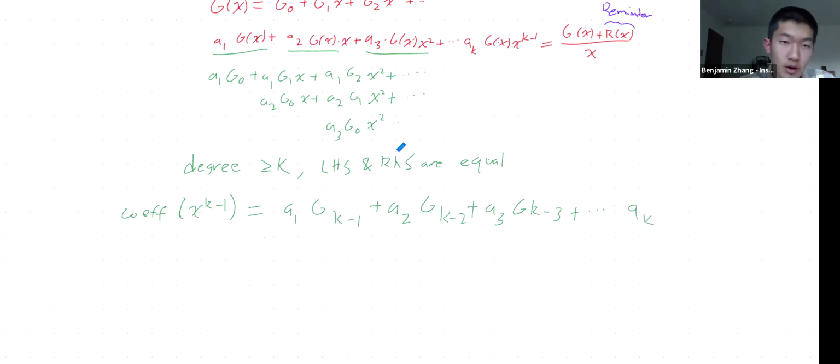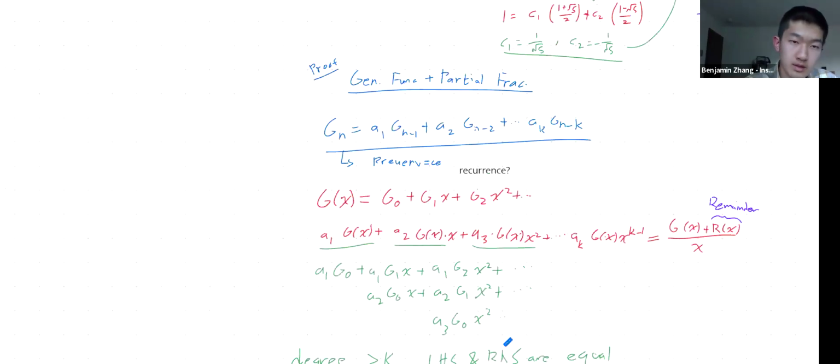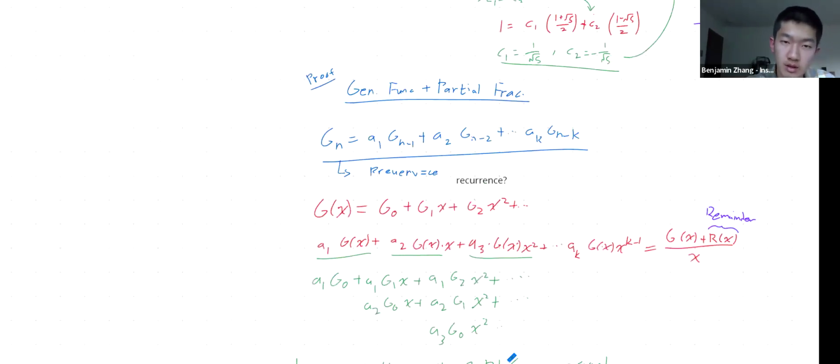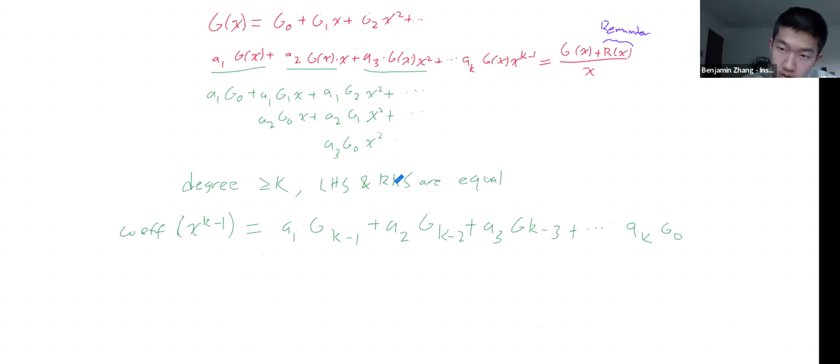But what is this? If we look back at how we defined our recurrence, this is exactly equal to g of k. Hence, the coefficient of x to the k minus 1 is g of k.